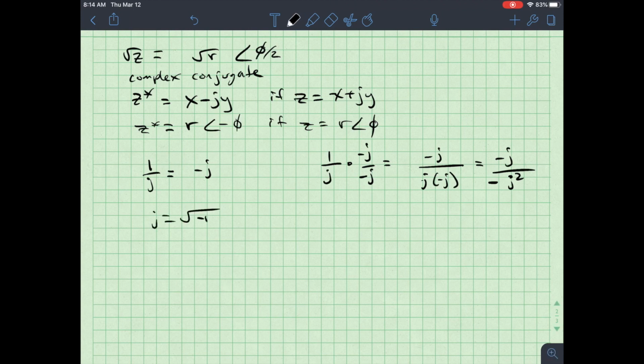Well, I know that j is defined as the square root of minus 1, so j squared is minus 1. So this implies that 1 over j is equal to negative j over negative 1, which is equal to negative j. That's a nice, happy result. I used this already, but I'll just point it out: j squared is equal to negative 1.